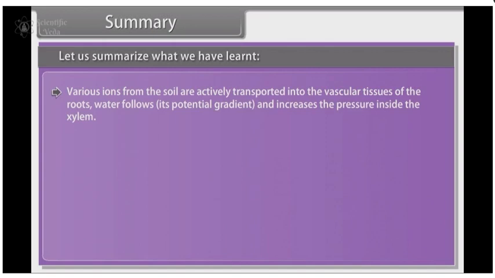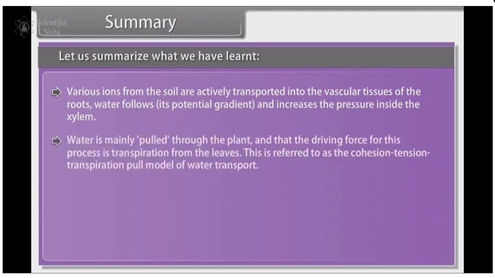Water follows its potential gradient and increases the pressure inside the xylem. Water is mainly pulled through the plant, and the driving force for this process is transpiration from the leaves. This is referred to as the cohesion-tension-transpiration pull model of water transport.